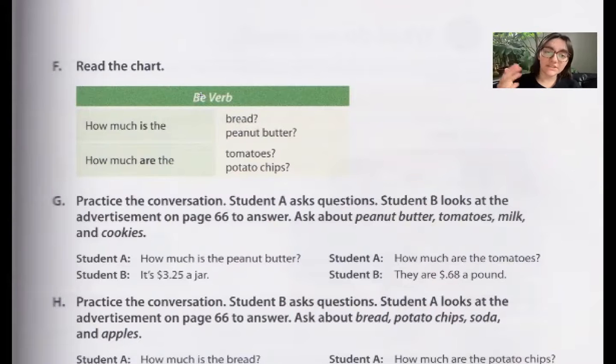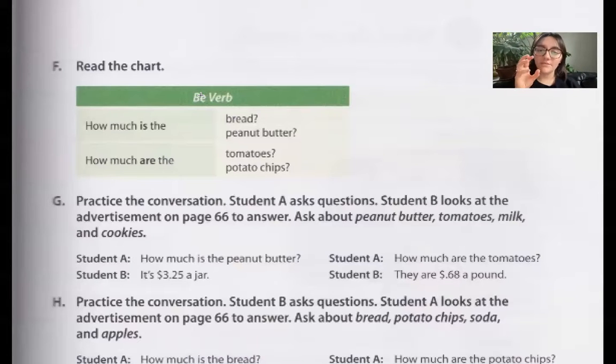If we say how much is the bread, even though there's a bunch of, right, if you have a piece of bread or you buy bread, it has a bunch of cut pieces inside of it. The reason you don't say are the bread, even though it's like plural, right, there's a lot of them, is because when you buy it, you buy it as a whole.